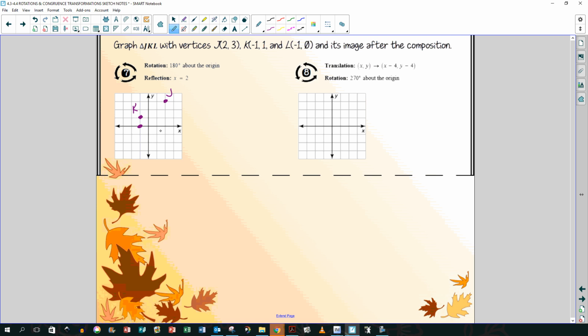Did I get this? -1, 1. This is a funky looking triangle. 2, 3, -1, 0, and -1, 1.